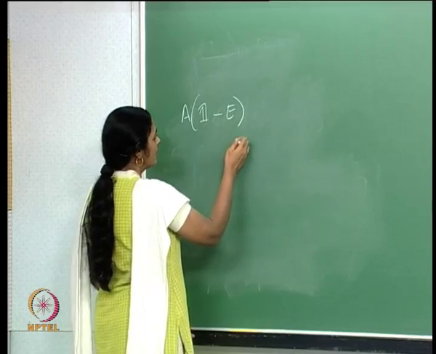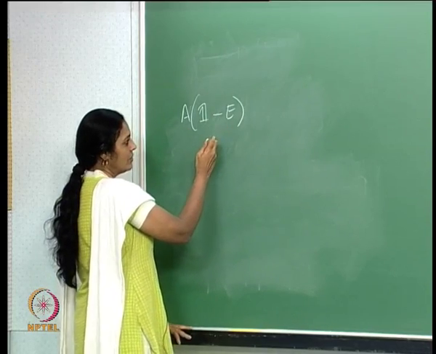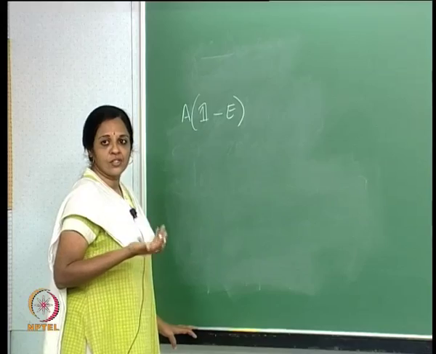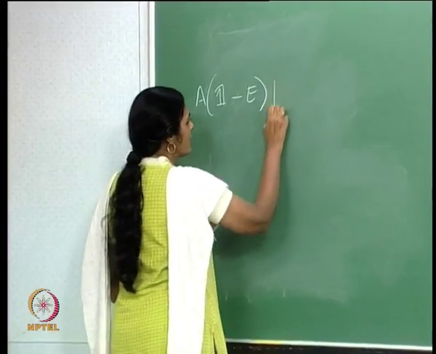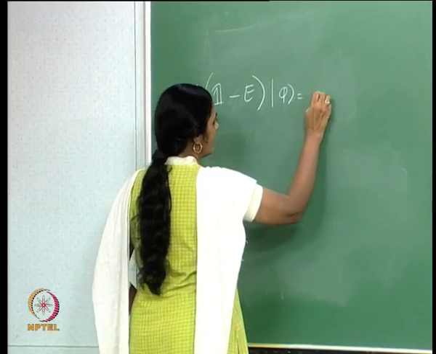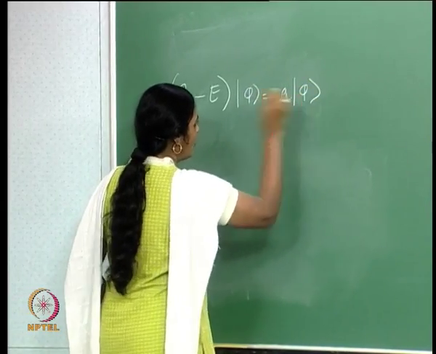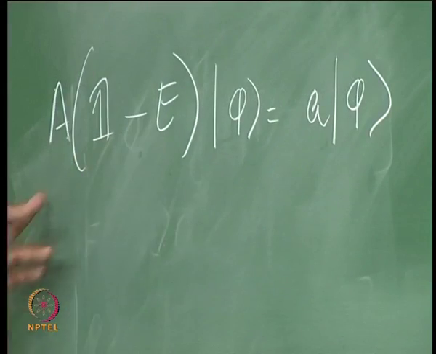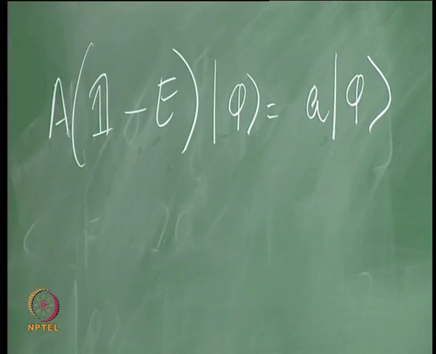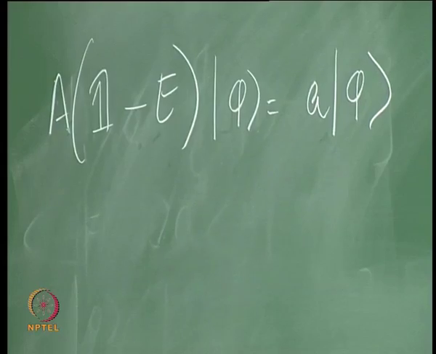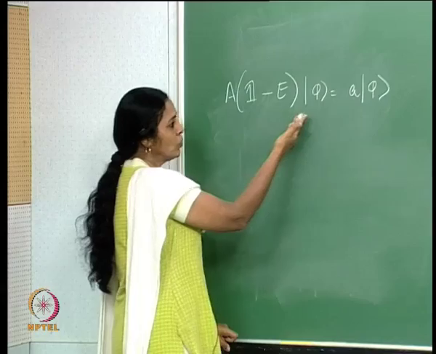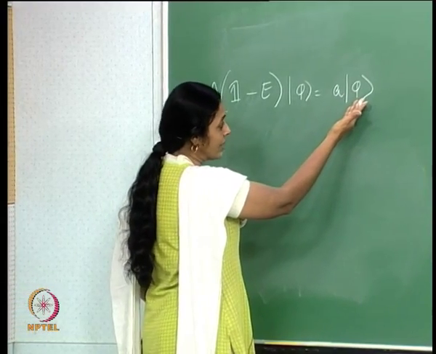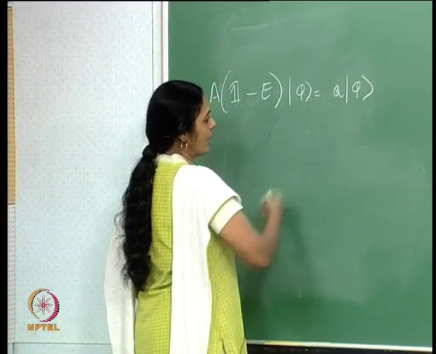A(I - E) is an operator which surely has at least one eigenvector with a corresponding eigenvalue, and let us imagine that that eigenvector is phi with corresponding eigenvalue a. This is a matrix, an operator with a matrix representation. I would therefore expect it to have, it is a Hermitian matrix, I would expect it to have one eigenvalue at least with a corresponding eigenvector.